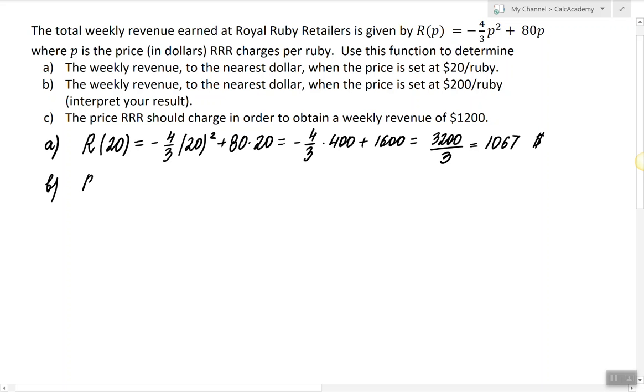In part B, the price is set to $200 per ruby, so we now evaluate the function at 200. So plugging in 200, we get a very similar expression, and to compute it, we just evaluate this numerical expression.